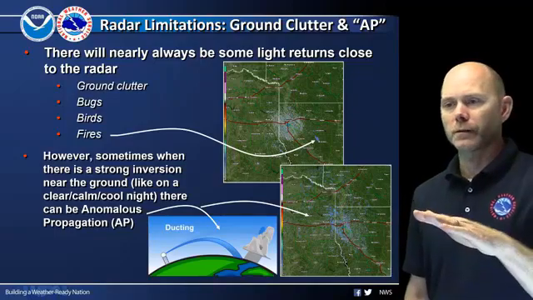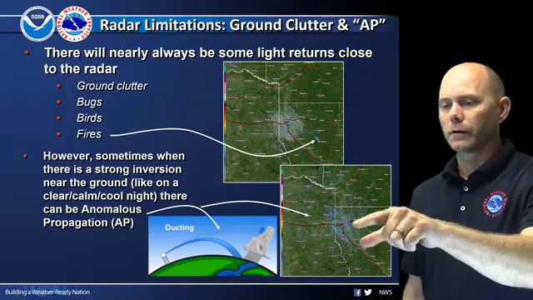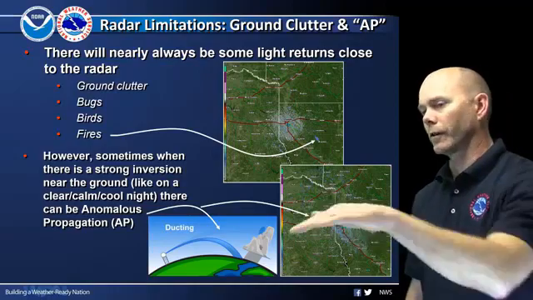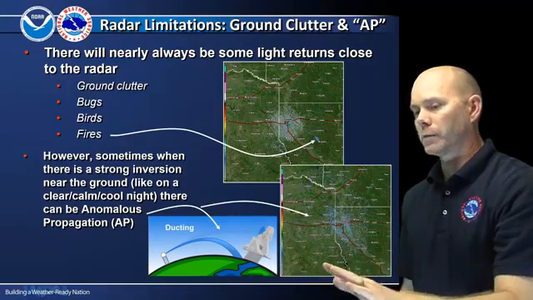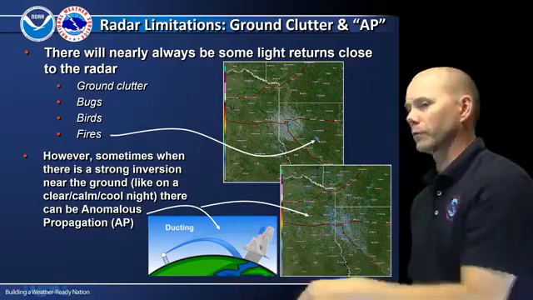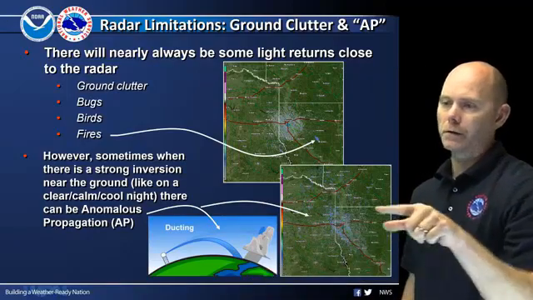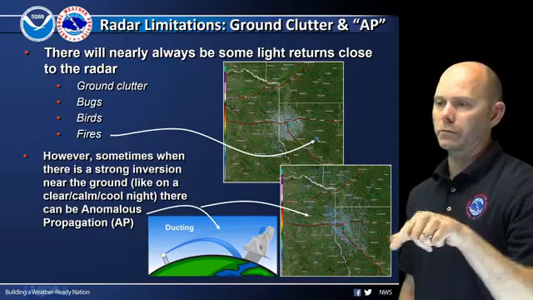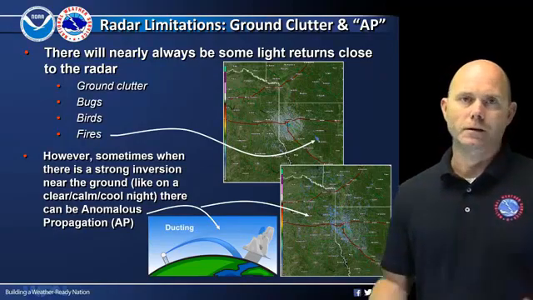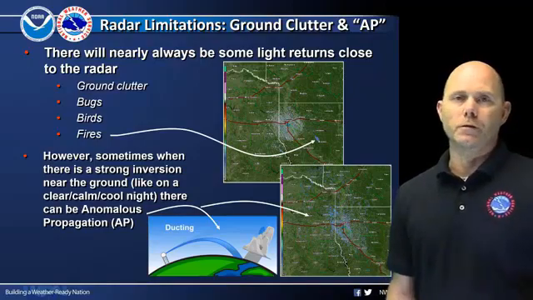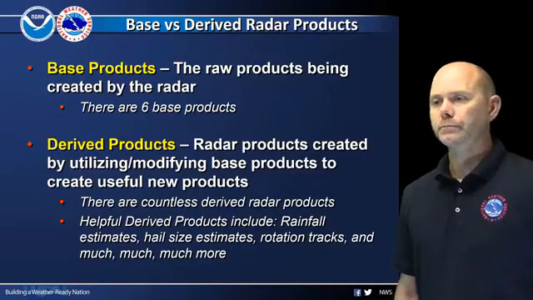And that inversion tends to duct the radar beam down to the surface. So instead of going above the horizon, that radar beam, when it hits the inversion, will duck down towards the surface, and you end up with this pattern where you've got a lot of light reflectivity echoes all over the region, and it's because of this ducting when inversions set up near the ground.